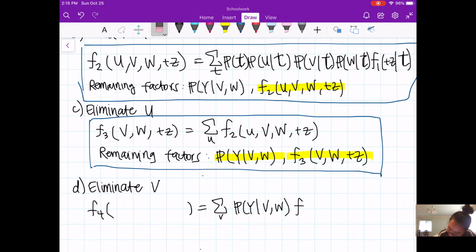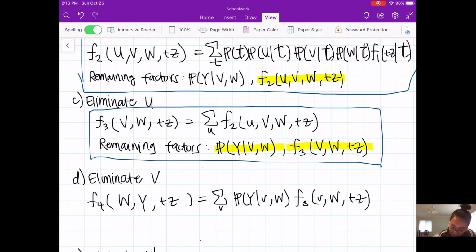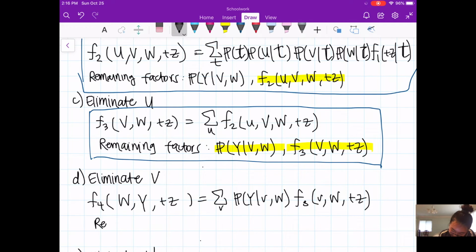Oh yeah, and this v is technically supposed to be a lowercase v. And then based on that, our remaining factor will be equal to the w because of factor 3, then y from the probability, and then plus c from the factor 3 as well. So this will be your fourth factor, and then we can write out the remaining factors.